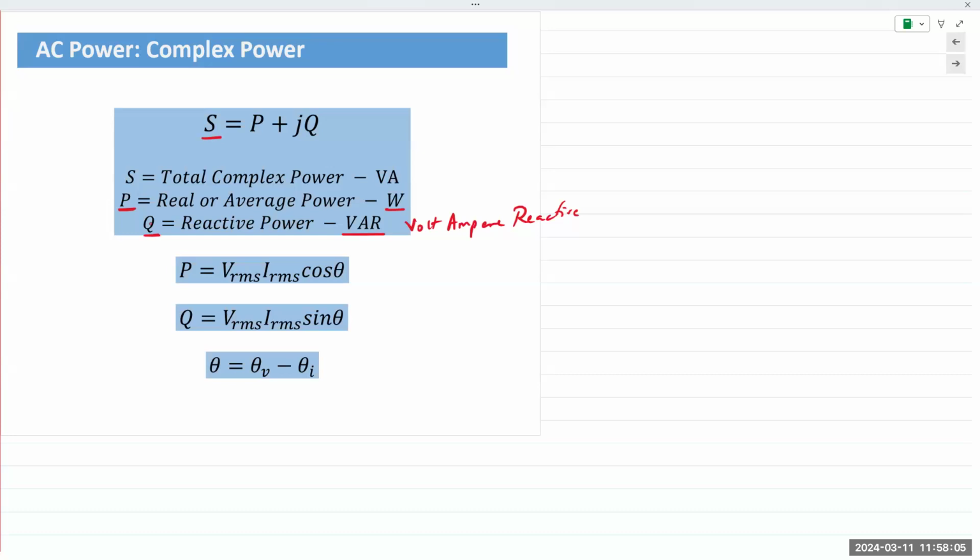It is noted by the equation S equals P plus jQ, and the units are simply volt-ampere. The mathematical representation of total complex power is S equals P plus jQ.